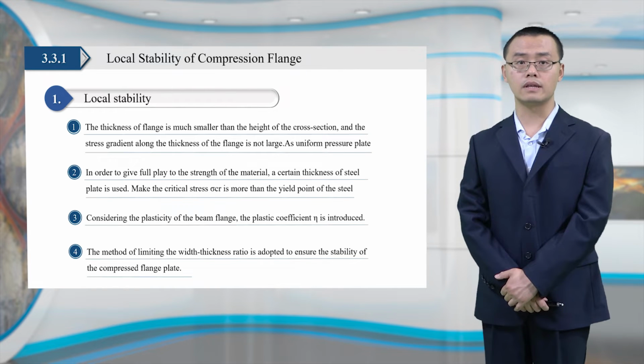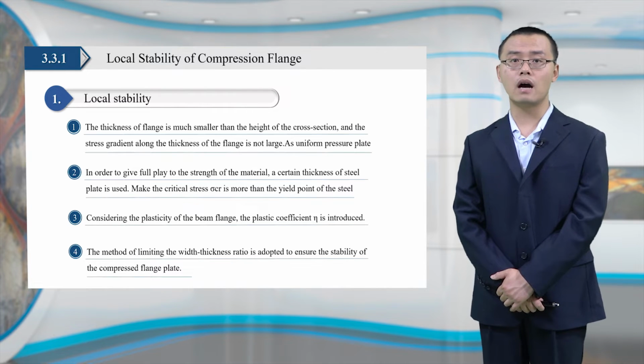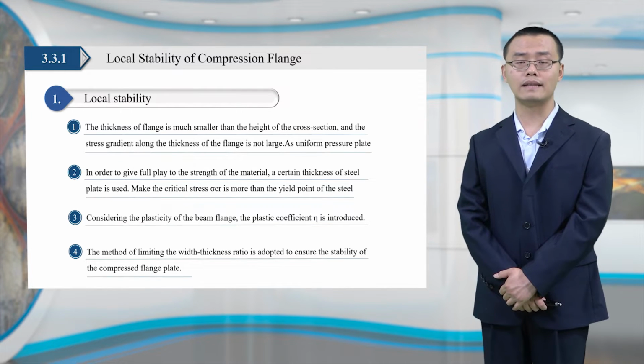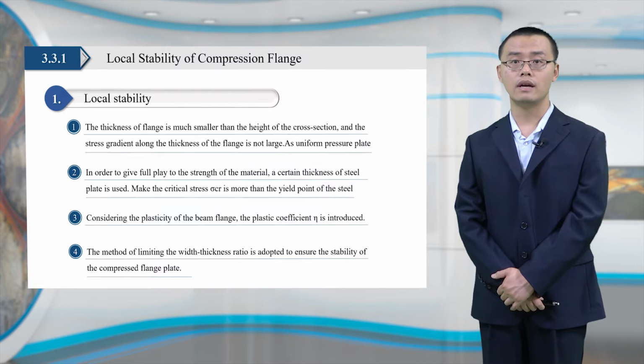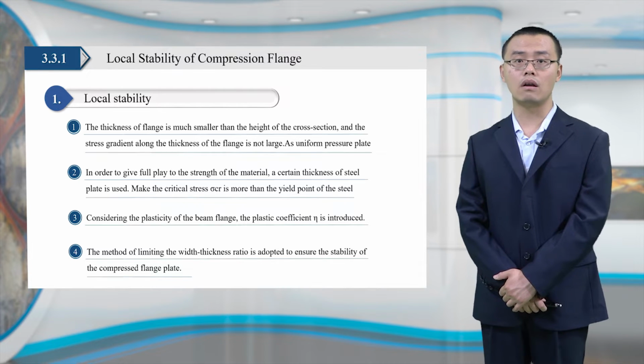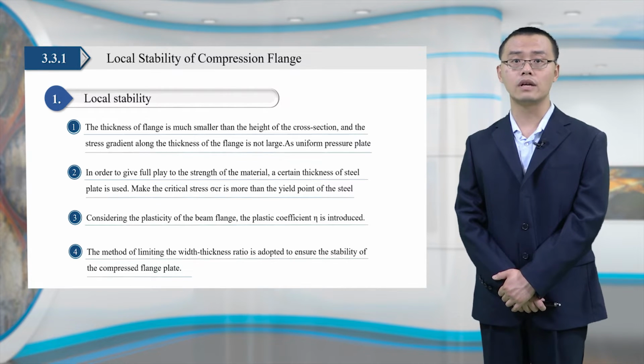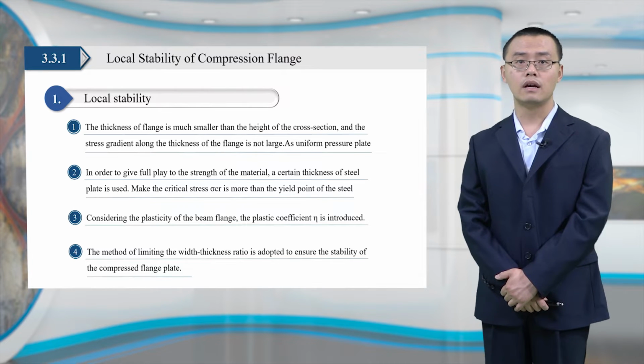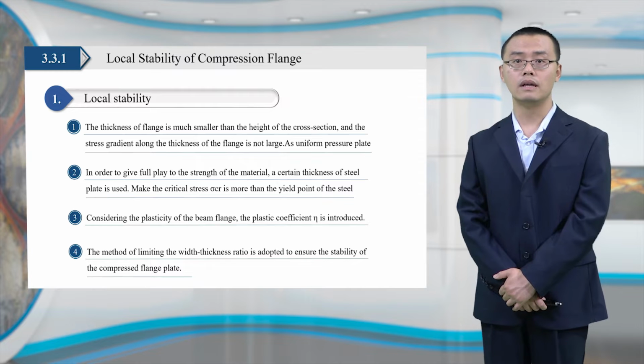First, local stability of the compression flange. The thickness of the flange is much smaller than the height of the cross-section, and the stress gradient along the thickness of the flange is not large. As a uniform pressure plate, in order to give full play to the strength of the material, a certain thickness of steel plate is used, making the critical stress sigma CR more than the yield point of the steel.